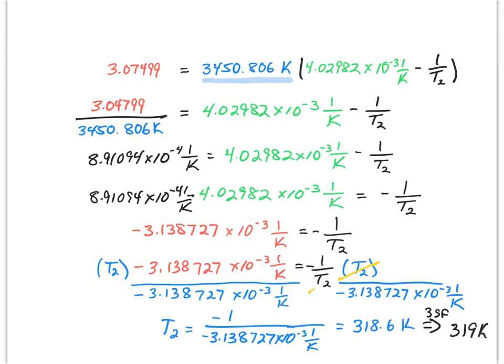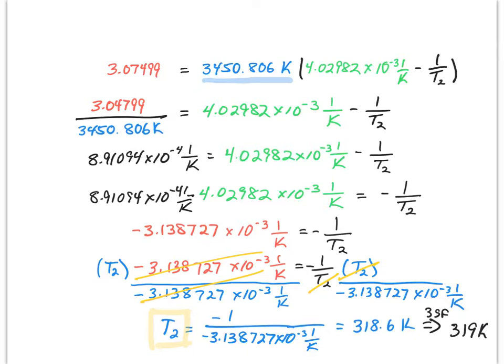Temperature 2 divided by temperature 2 is 1, right? And we want to get this term out of the way to isolate temperature 2. So we're going to divide both sides of the equation by that number. And so that divided by that becomes 1. That isolates temperature 2 on the left, right?